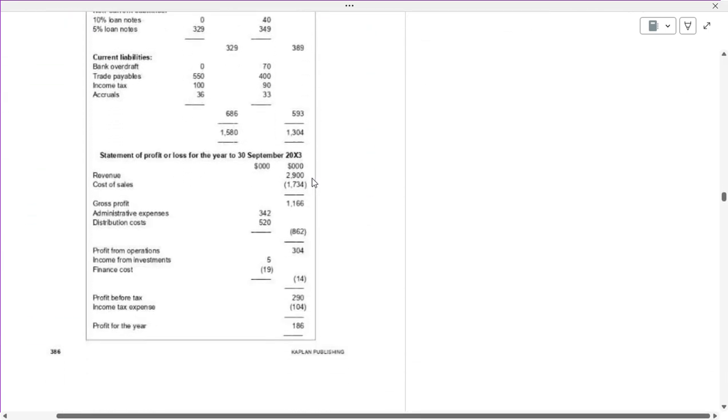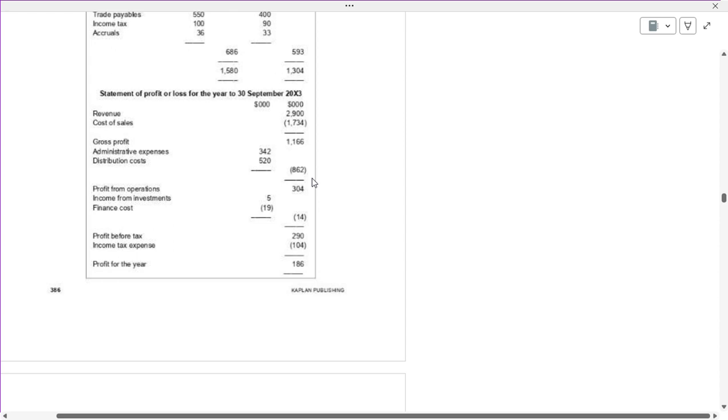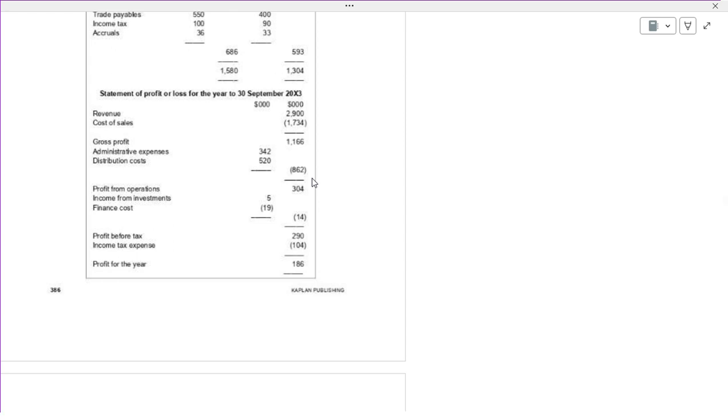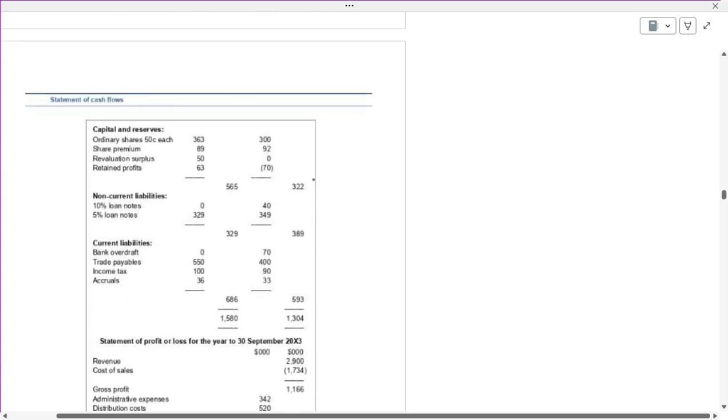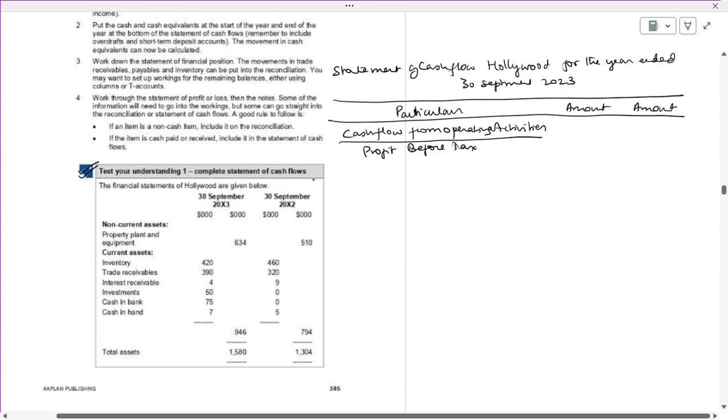In the income statement, you will have profit before tax. How much is the profit before tax? 290. Yes, you have to take that and write it here. That's all. 290. Next, you have to make adjustments.